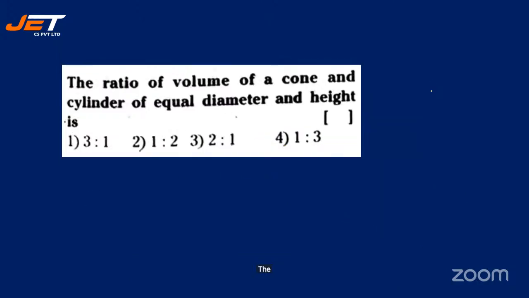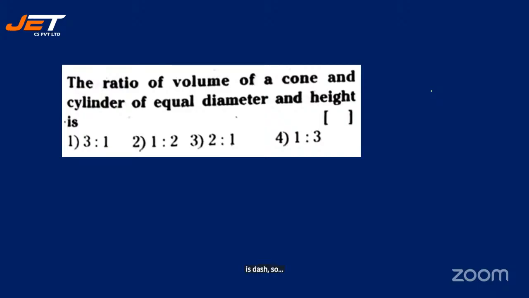The ratio of the volume of a cone and cylinder of equal diameter and height is dash. Right? So the ratio of volume of a cone and cylinder of equal diameter and height is dash.